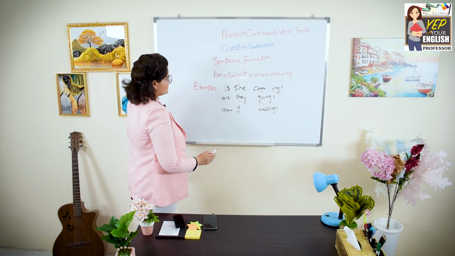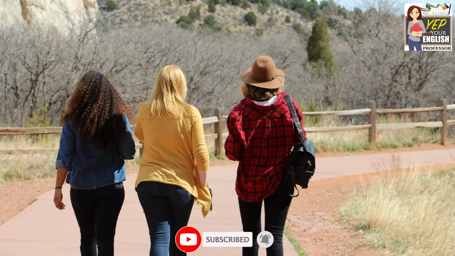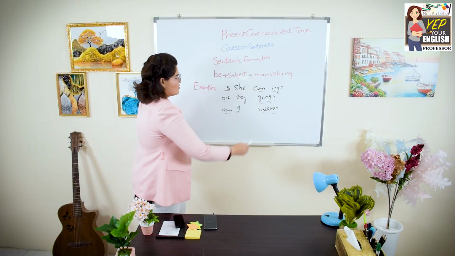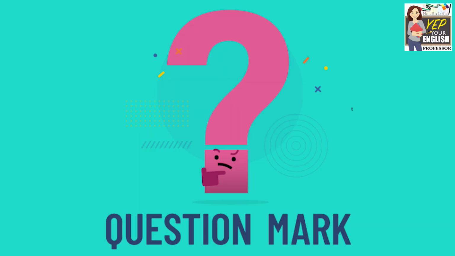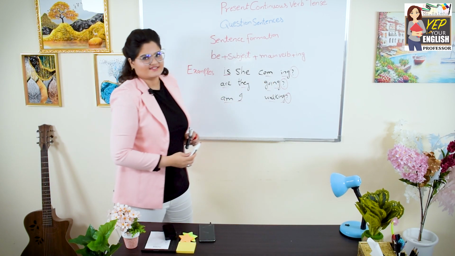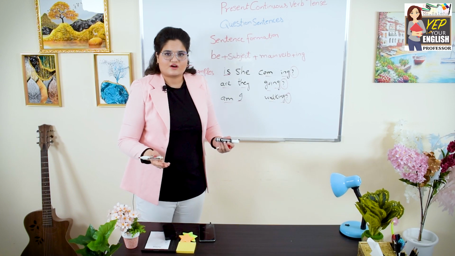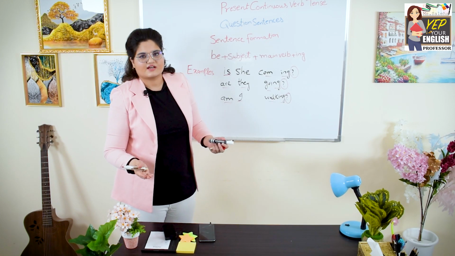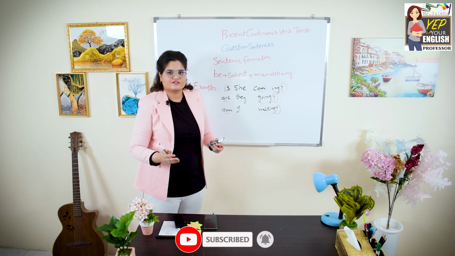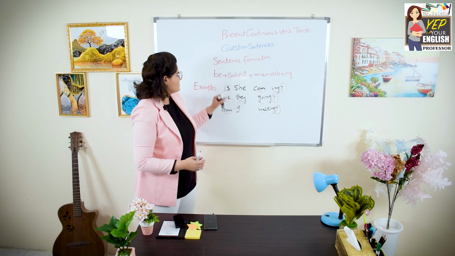Let's read the sentences. Is she coming? Are they going? Am I walking? We always put a question mark at the end of question sentences. So these are the questions that we ask in the present time. In present, we ask about the things that we want to know in present time.